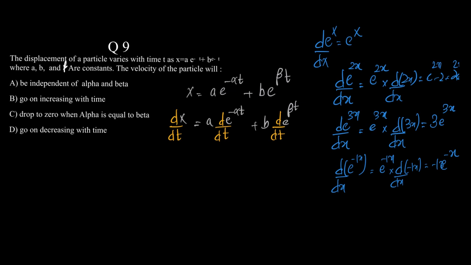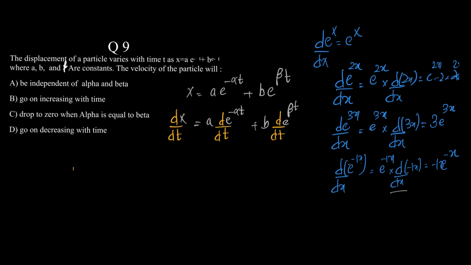So the answer goes like this: dx by dt, which is equal to v, is equal to a into, use this logic here, what is d by dt of e raised to minus alpha t? Minus alpha into e raised to minus alpha t, right? Okay, I think I should write that in detail.